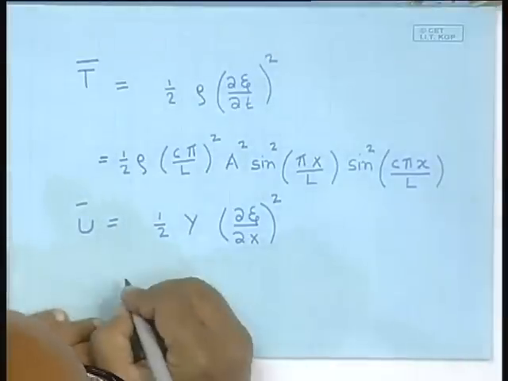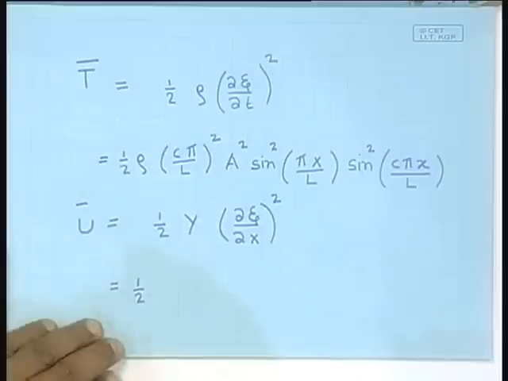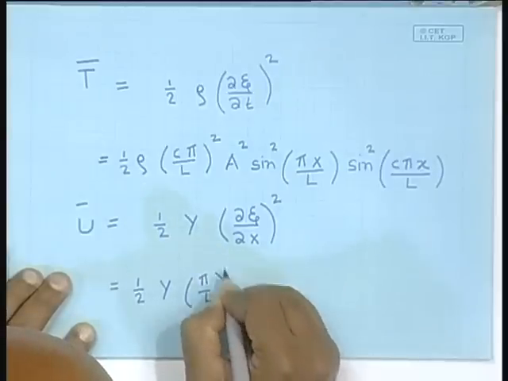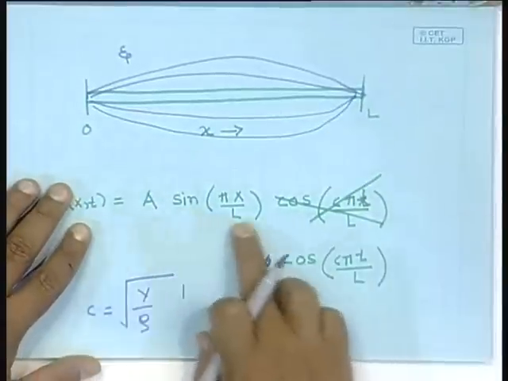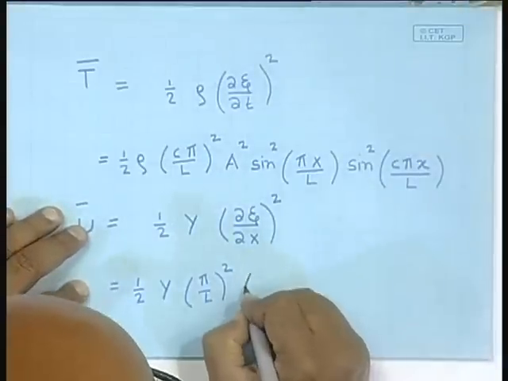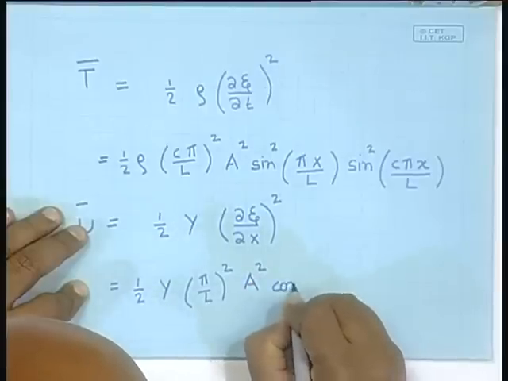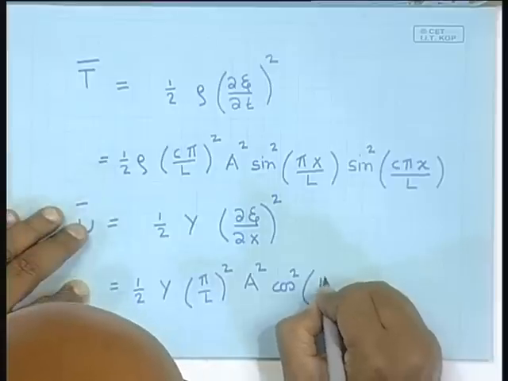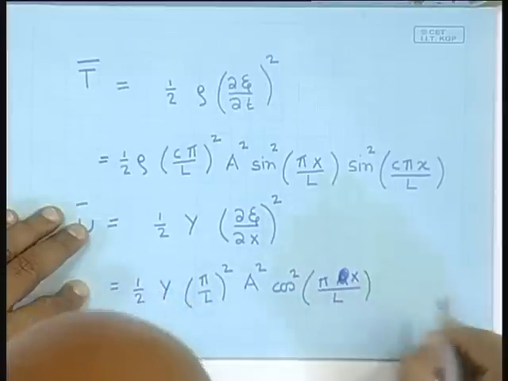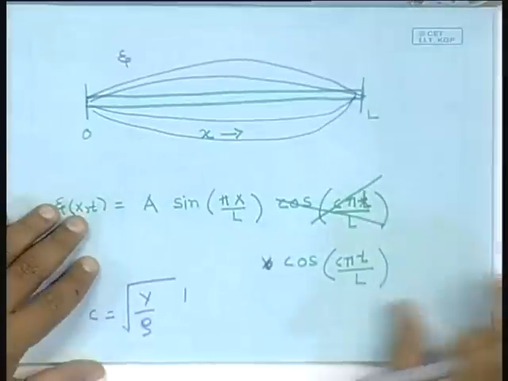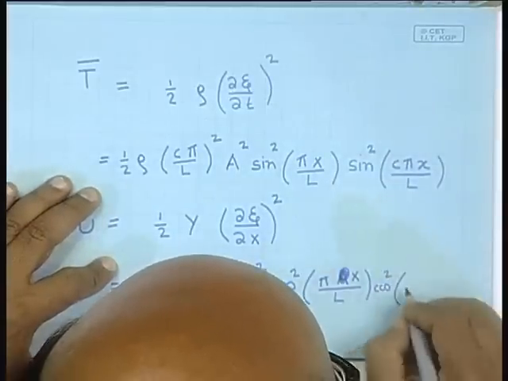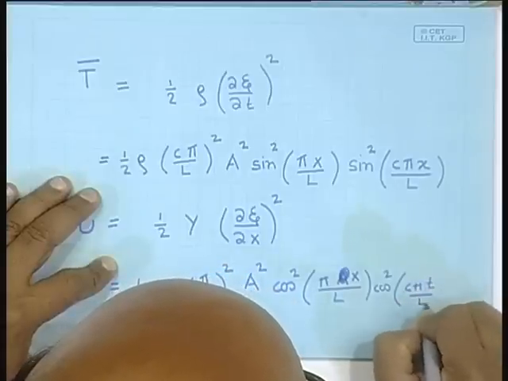So this will be equal to half Y into (pi by L) squared, which comes when I differentiate this sine and then square it, and then I have cos square (pi x by L) into cos square (c pi t divided by L).